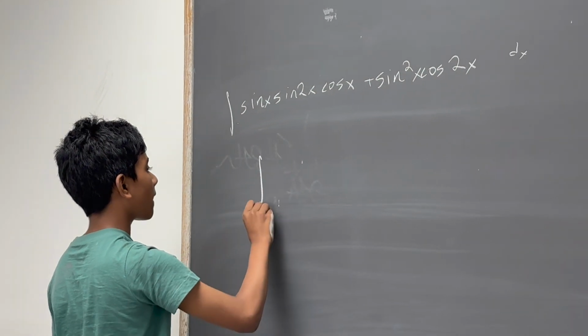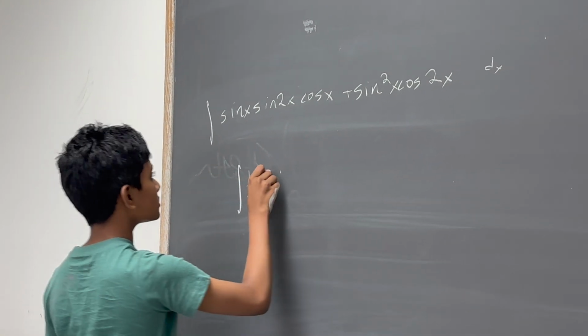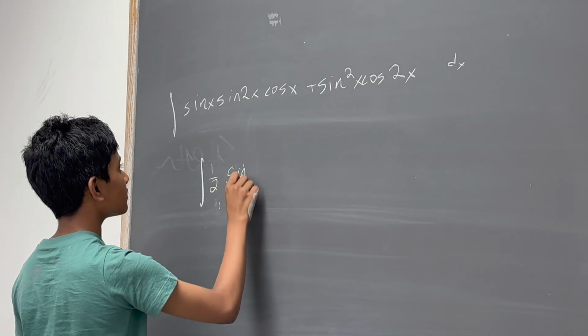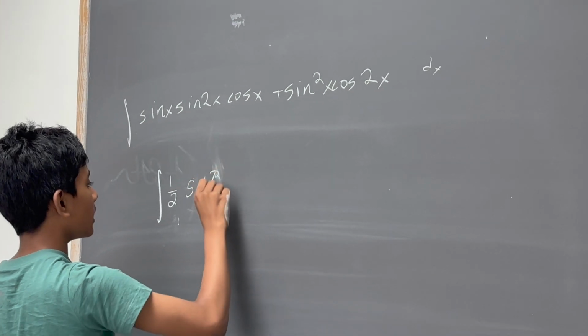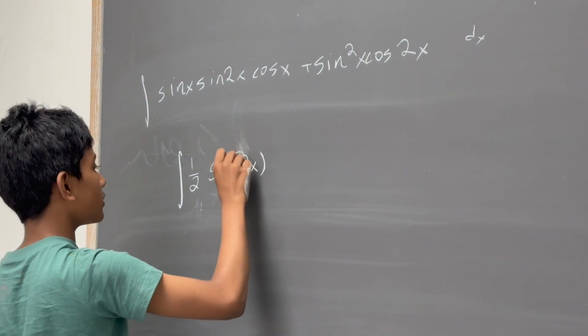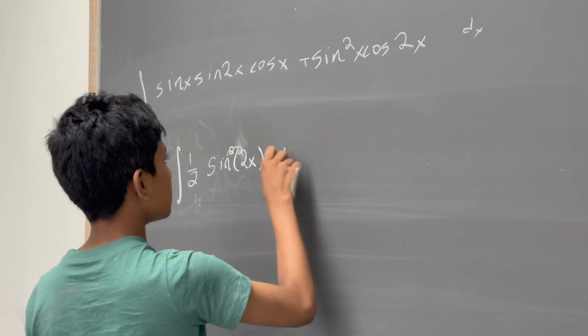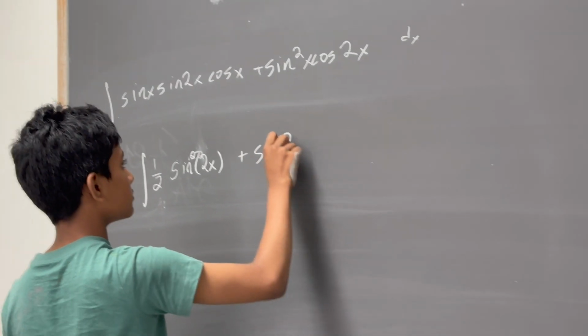Okay. Now, this is just going to be half sine squared 2x plus sine squared x.